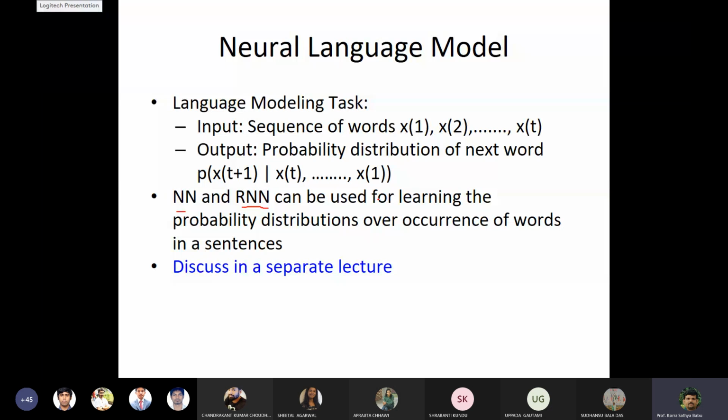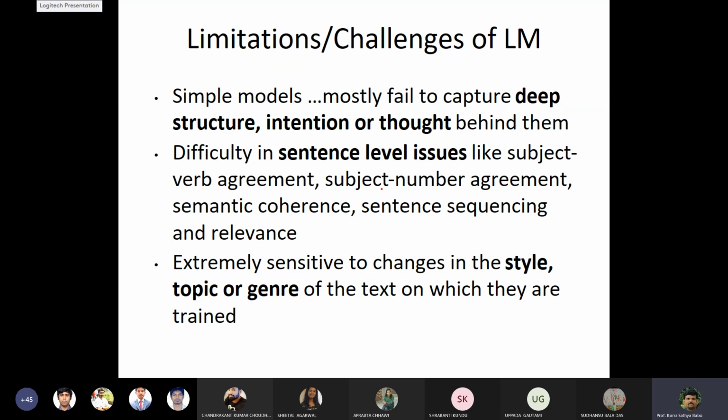Now, some limitations and challenges of language models. Simple models basically fail to capture the deep structure, or the intention or thought behind the text. This is very much sure; it is difficult to capture. There is difficulty with sentence-level issues like subject-verb agreement, subject-number agreement, semantic coherence, sentence sequencing, and relevance.